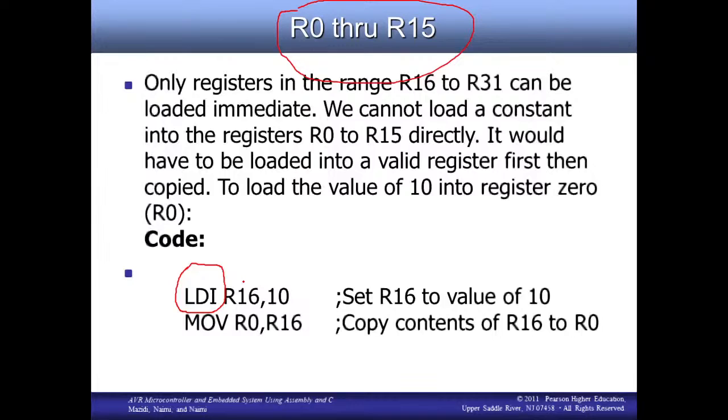For example, if you want to load value 10 in register R0, you can transfer 10 initially to R16 and then give the instruction MOV R0, R16. Likewise you will be able to transfer content to any register.